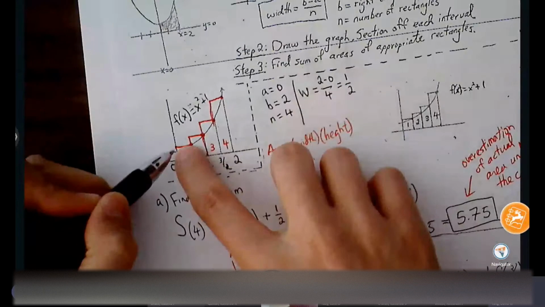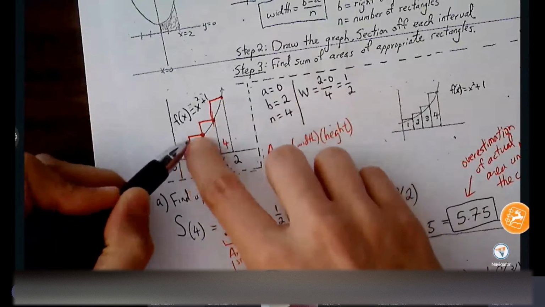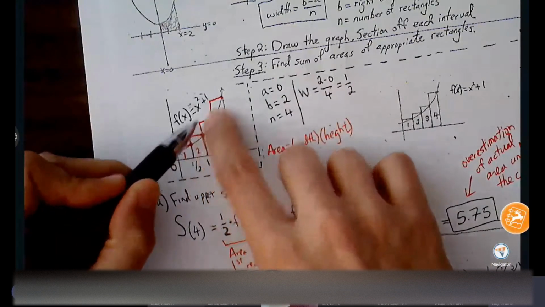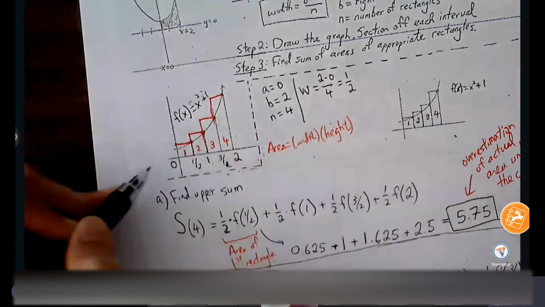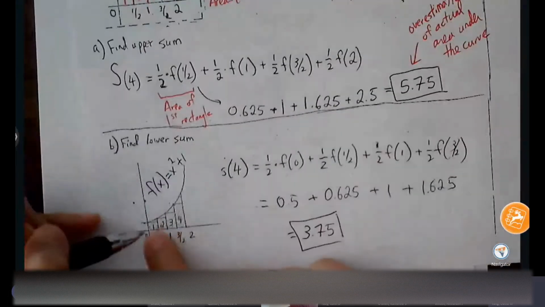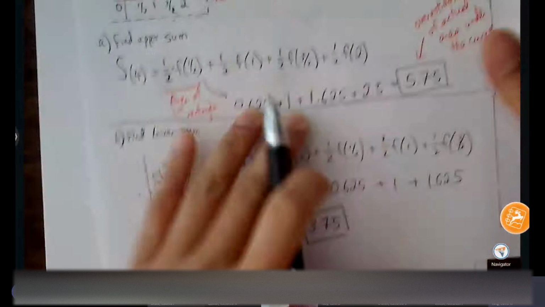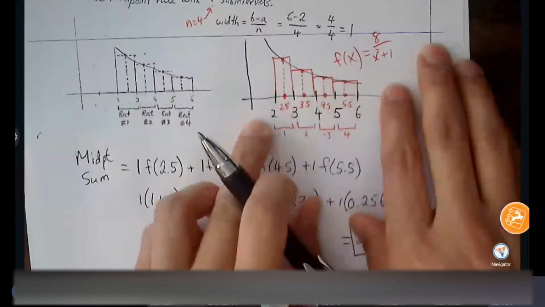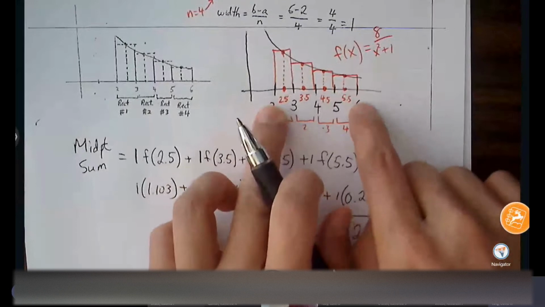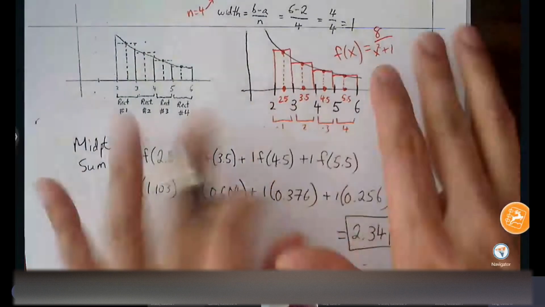Unlike these previous rectangles where every overestimation is going to keep becoming less accurate, right? Every underestimation, right? Now we don't know whether this midpoint sum is an over approximation or under approximation overall, but we do know that this is more accurate than just the upper sum or just the lower sum.